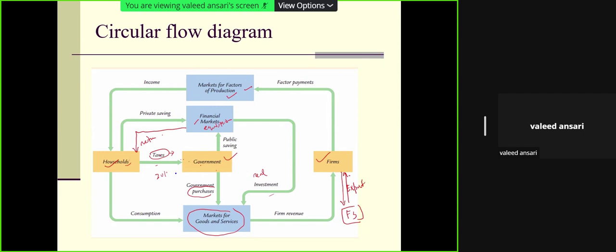Government also provides some unilateral transfers, so we haven't introduced that part also. Households, when they receive certain kind of income guarantee or cash transfer, may not provide some counter activity. Those are called unilateral transfer payments. That can also be introduced, but I have skipped that.